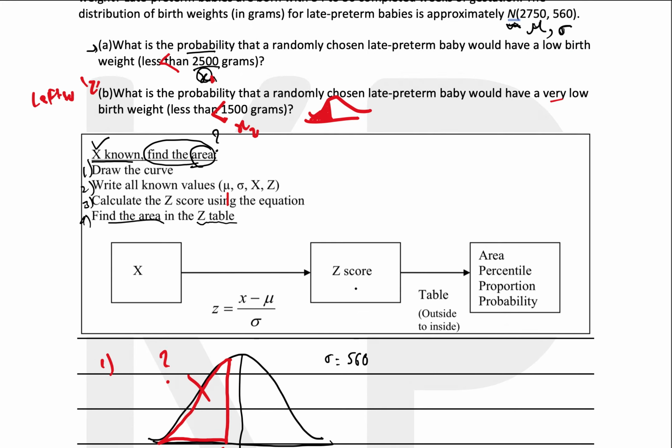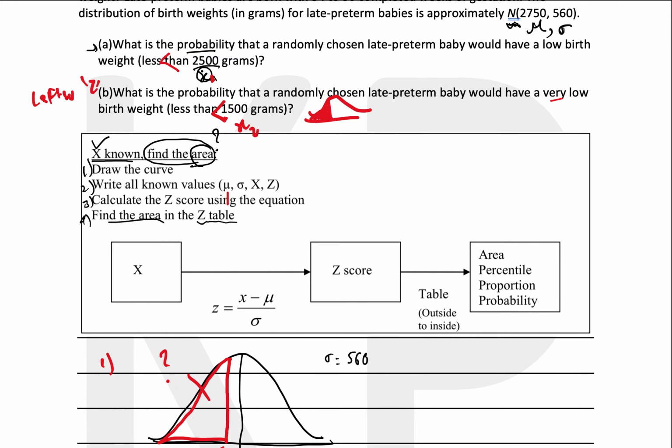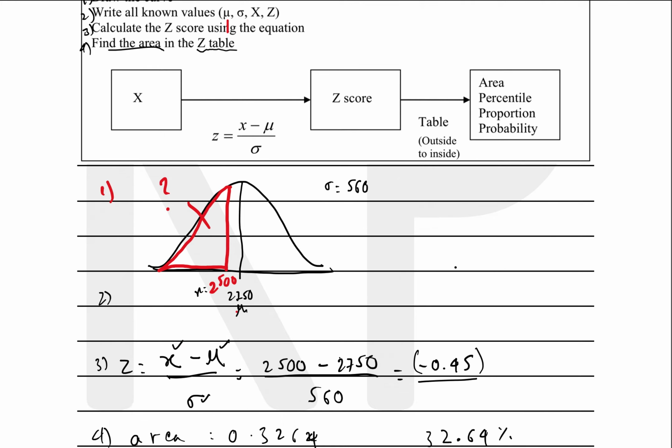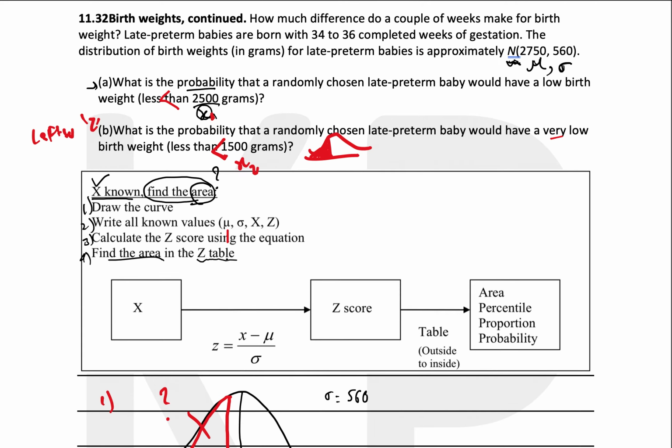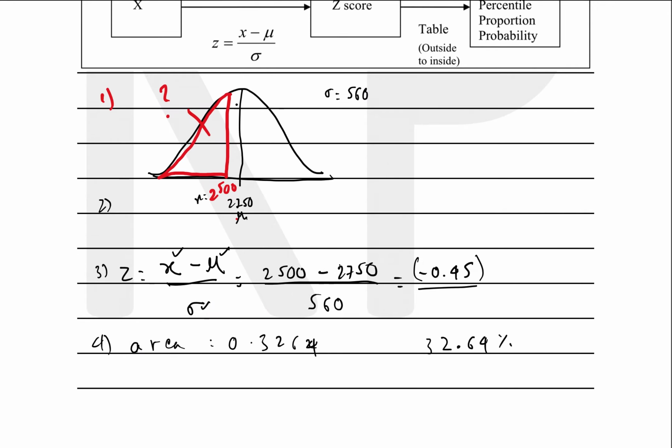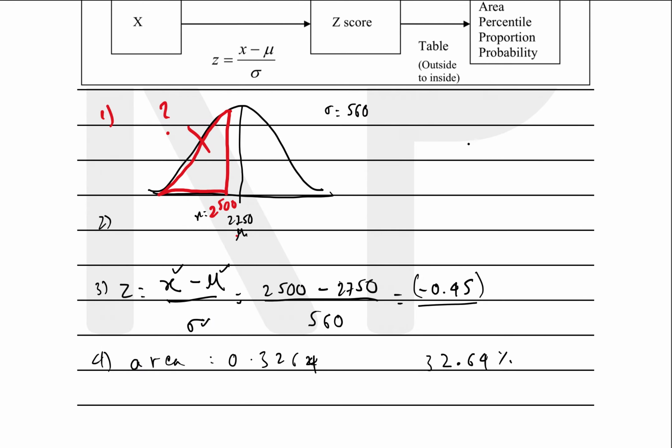Also locate this particular x value, 2500. Now 2500 is going to be less than the mean, so draw it somewhere here, and this is now the key piece of information, less than 2500. You are interested in birth weight less than 2500, so everything less than this particular number, this red area, is what you want to find.